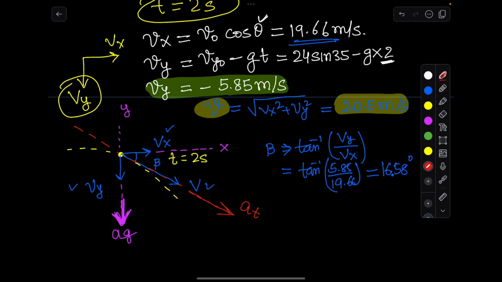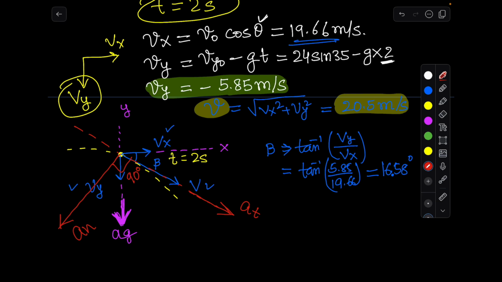Now you have at. How will you find the an vector, the acceleration in the normal direction? You know that an is always perpendicular to at, so you can make a 90 degree angle to this, and this will be your an.